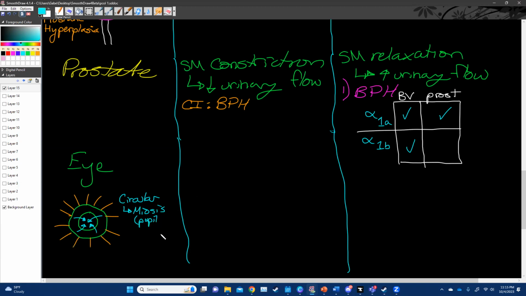The way I like to think of this is they cause my eye to swell shut, meiosis. The radial muscles on the outside contract outwards. This is going to cause the pupil to get bigger and cause mydriasis. So the pupil gets bigger.